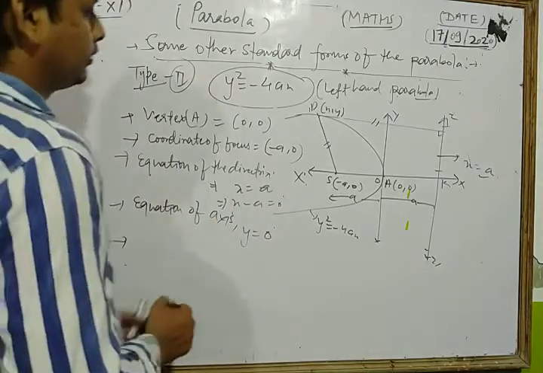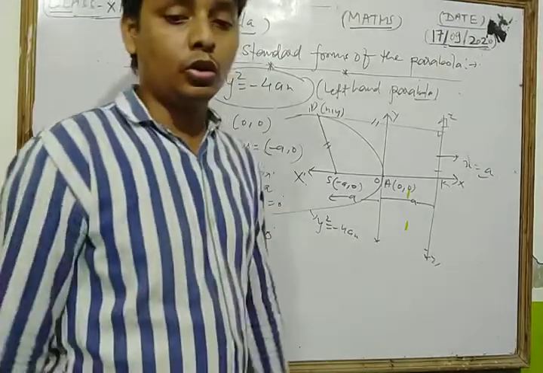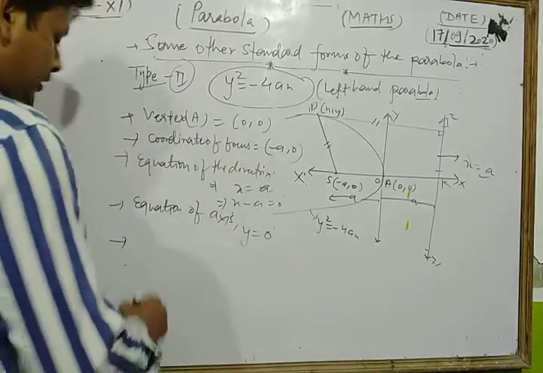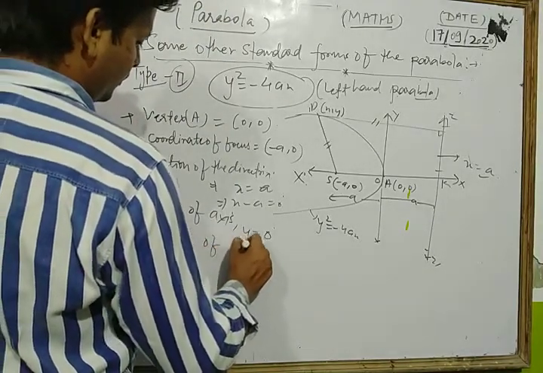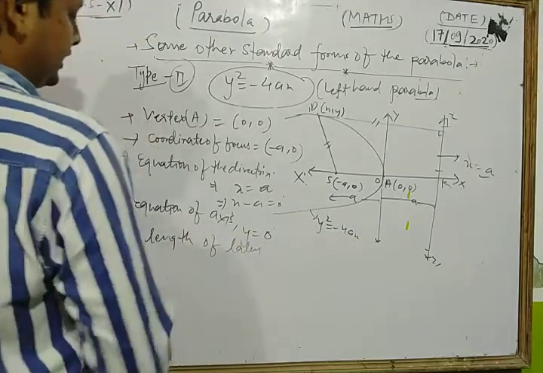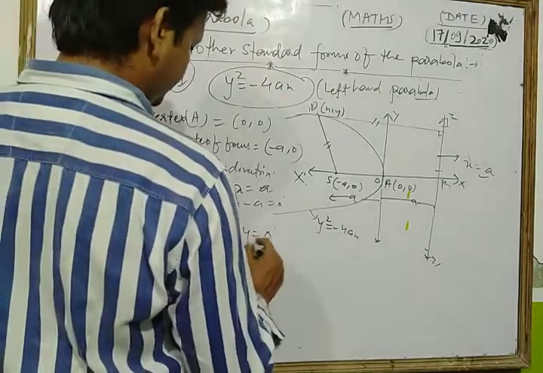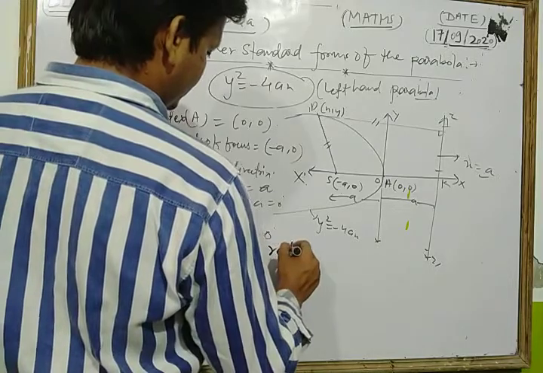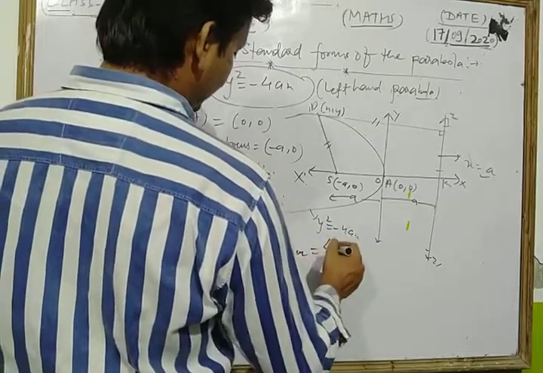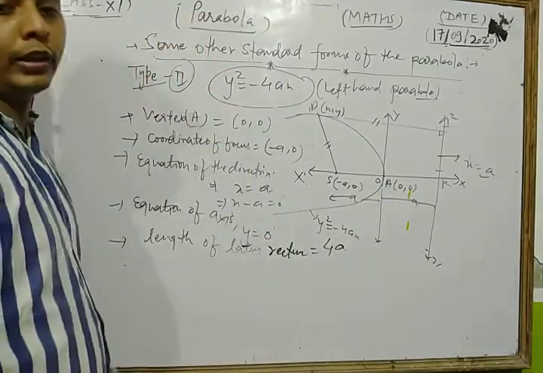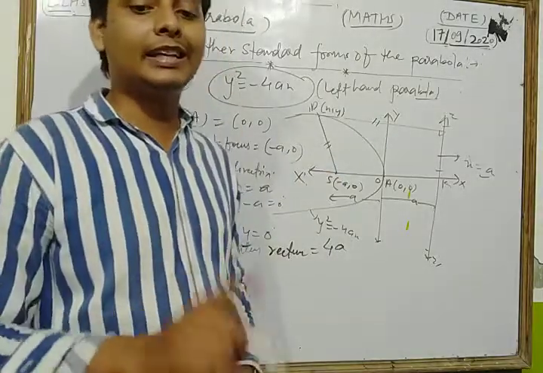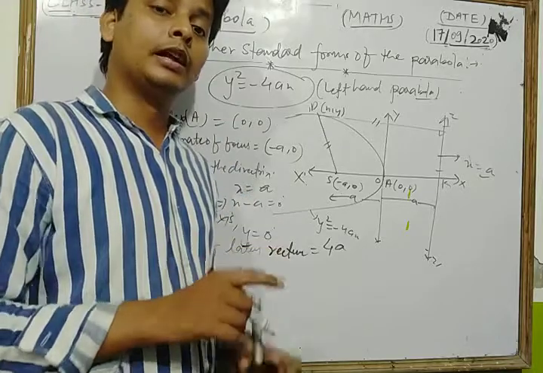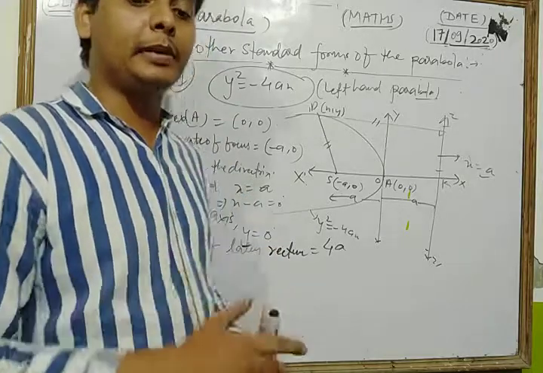Second, now length of latus rectum. The length of latus rectum is also equal to 4a, and the focal length here, for the right hand parabola, is a plus x, and here it is a minus x.